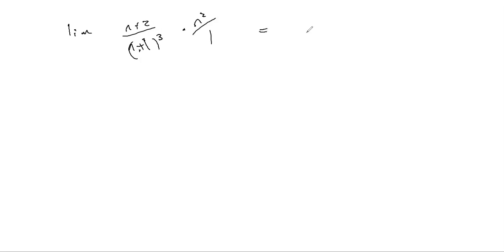That gives me n cubed plus 2n squared over n plus 1 cubed. Now, what is this limit?